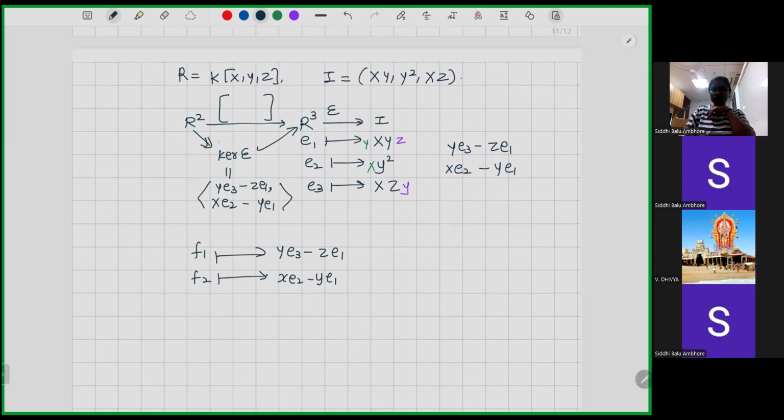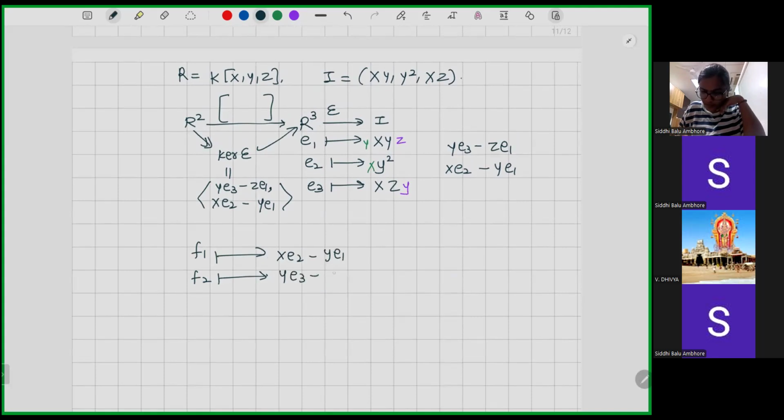So I have to just find this map, how I can define this. R2 is going to R3. F1 is going to y e3 minus z e1, and F2 is going to x e2 minus y e1.